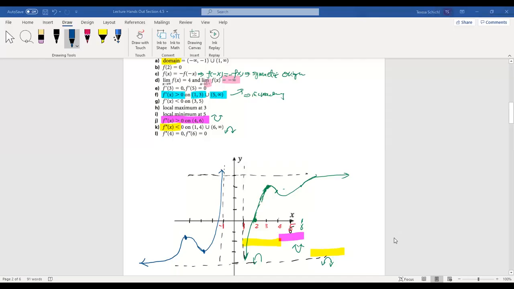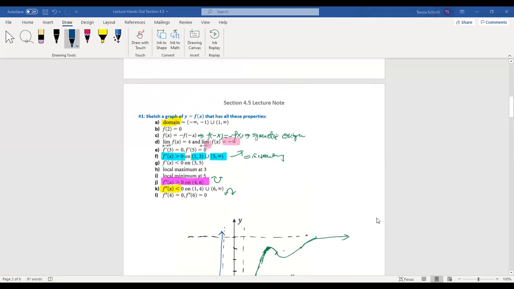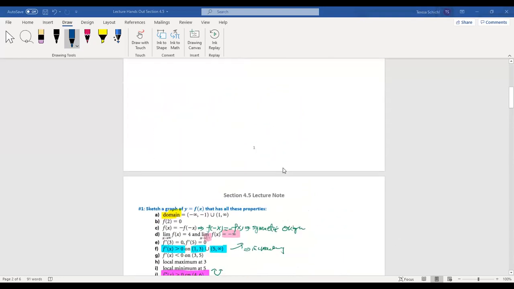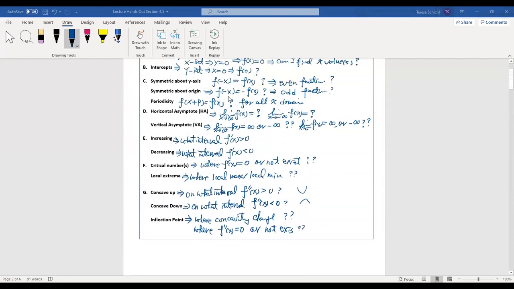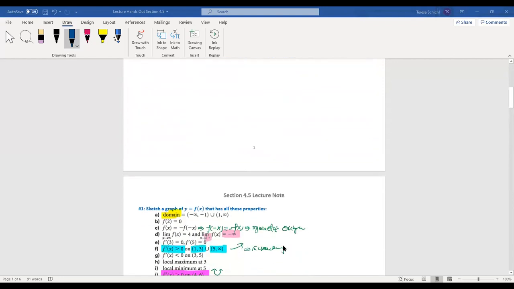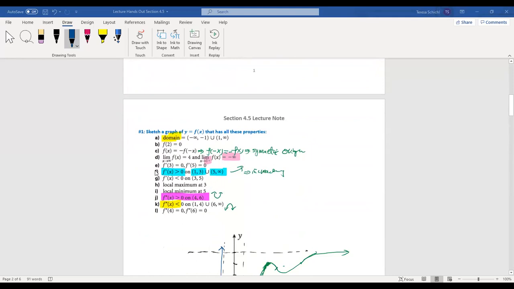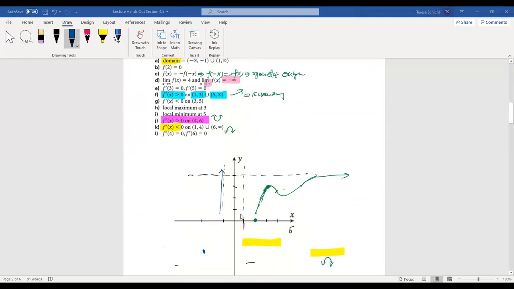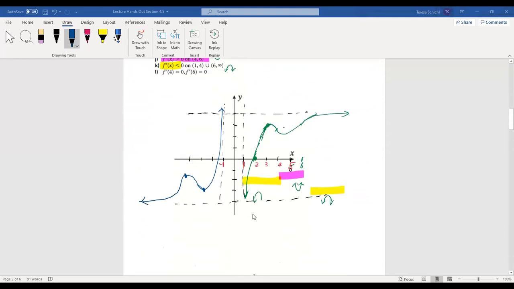From video number 1, I gave you a few points, the guideline, what you need to consider when you graph. And we also practiced one problem, where even if we don't really know what the function f of x looks like, based on that information, we can work out what the graph looks like.